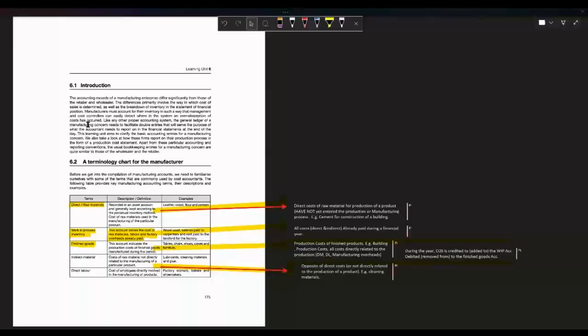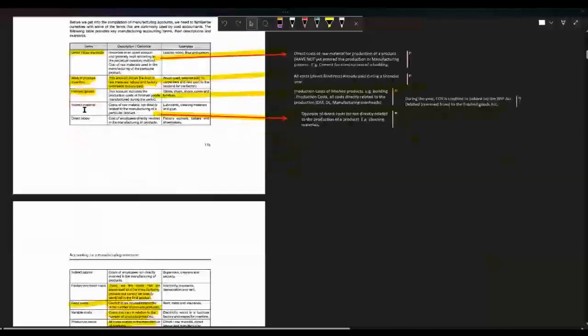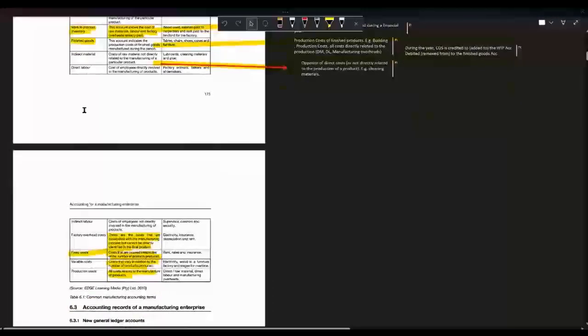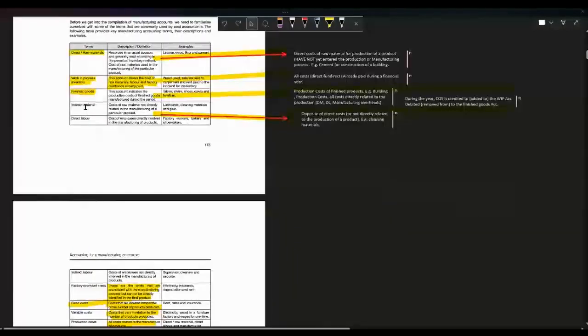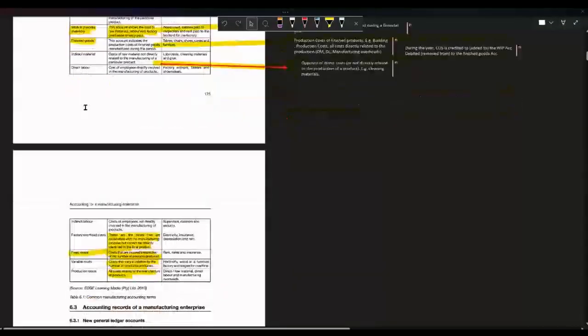The two are basically saying the same thing. And then you do have your finished goods, which is also an account, indirect material, direct labor, obviously. Indirect material will be in contrast to the direct material, and indirect labor will be in contrast to the direct labor.